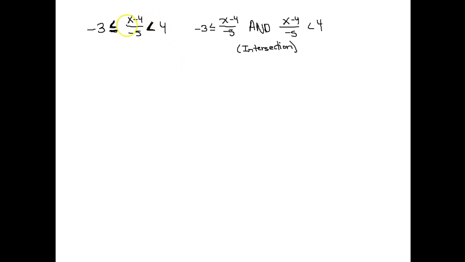So what I'm going to do is try to get x by itself here in the middle. So I'm going to multiply by -5, but I've got to make sure I do that to all three parts. You can't just do it to one part. I've got to keep it all balanced if I'm going to solve the whole thing in one fell swoop.